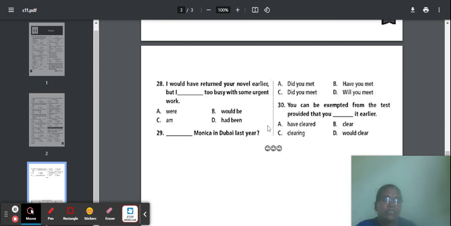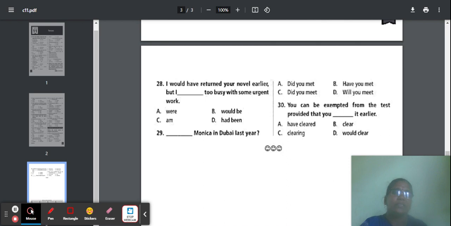In past tense, if you are having a verb in past tense, how can we find the helping verb? Did plus verb form. In present tense it is do plus verb form. So here, did you meet Monica in Dubai last year? So the answer will be option C.